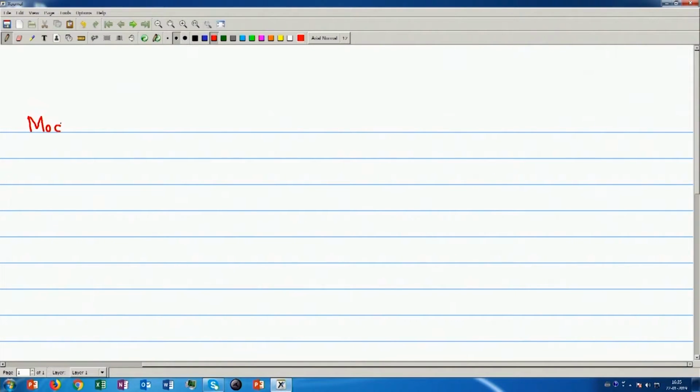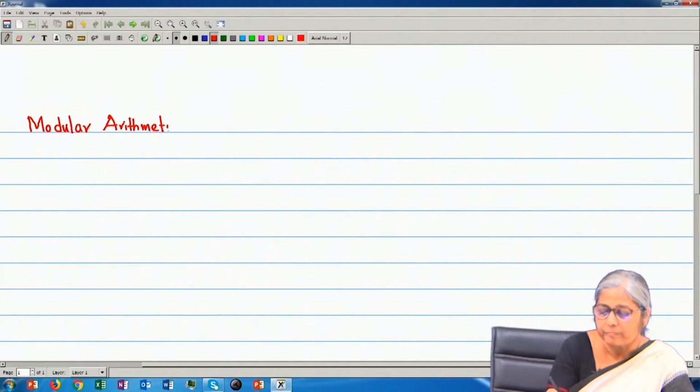So, today we will mainly consider modular arithmetic, its definition, the different properties and some application areas.